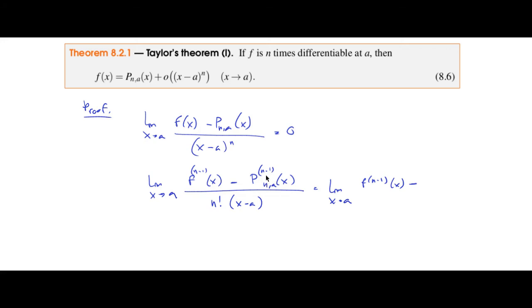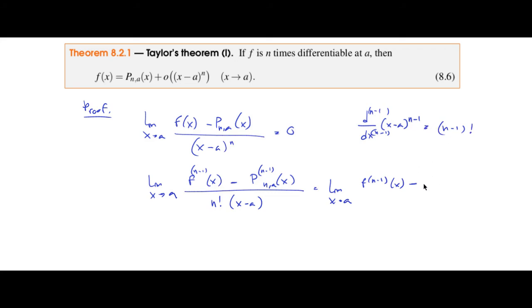So all the powers that are smaller than n minus 1 will vanish. So the first term is the derivative with respect to x of (x minus a) to the n minus 1, and this is going to be n minus 1 factorial, right? If you do it again, this is n minus 1 factorial.